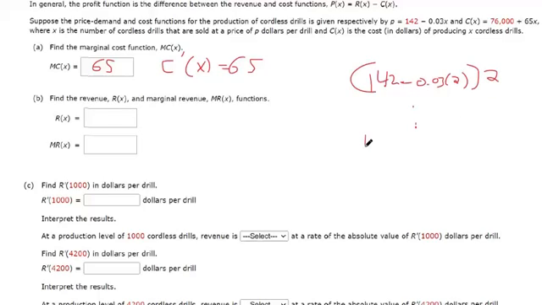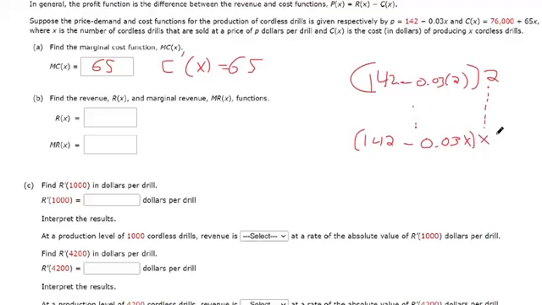So if you keep that pattern going, the revenue is going to be the price times the amount that we sell. We don't know how many we're going to sell, so we'll call that X, and we multiply the outside by X because X is the number of items we sell. This is the price, and this is the number of items.